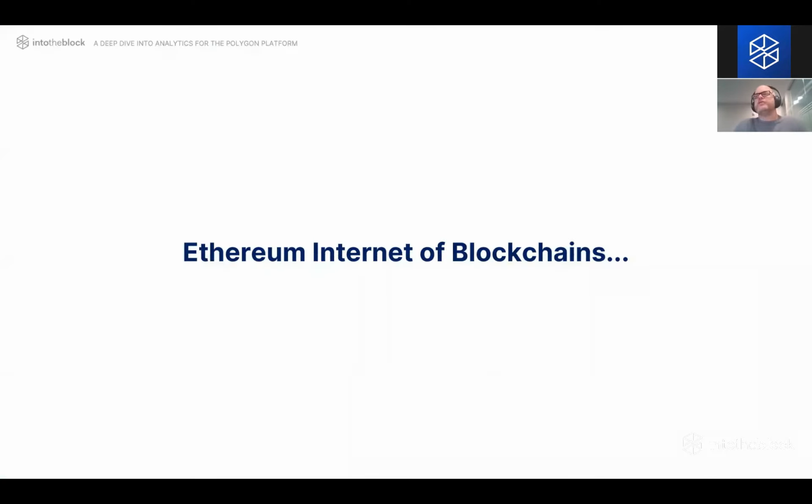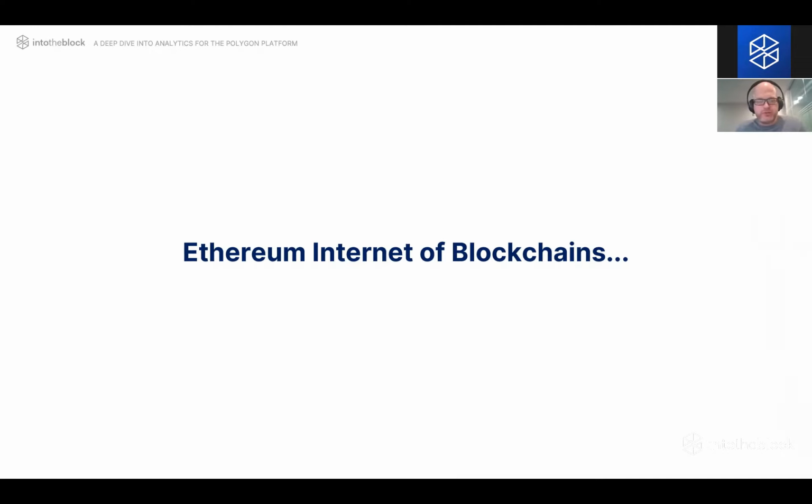Polygon used to be called Matic. It recently rebranded. It's a project that has been around since 2017, and it's hard to place into a specific category. The tagline they like to use is Ethereum's Internet of Blockchains, and it was initially conceived as a scalability solution for Ethereum, particularly based on Plasma.